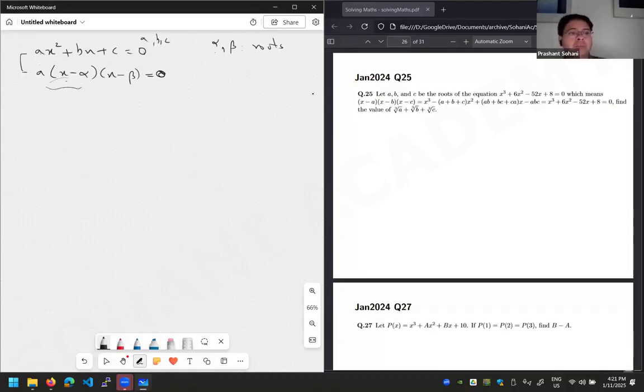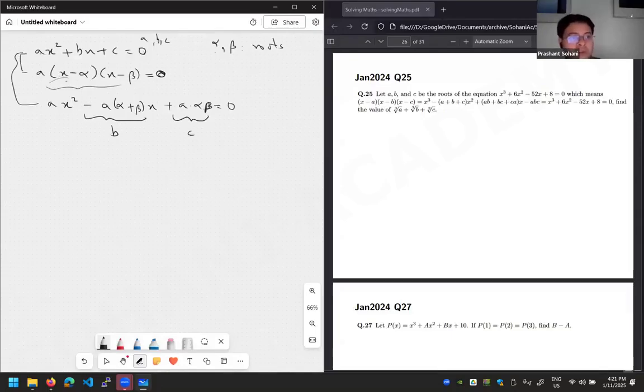So if I expand the bottom one, I'm going to get a times x square minus, if you look at the terms which are contributing to x raised to 1, it will be a times alpha plus beta x, and the constant term is a into alpha beta. And because this is the same as the original one, if I compare the coefficients, basically this coefficient has to be equal to b, and this coefficient has to be equal to c.